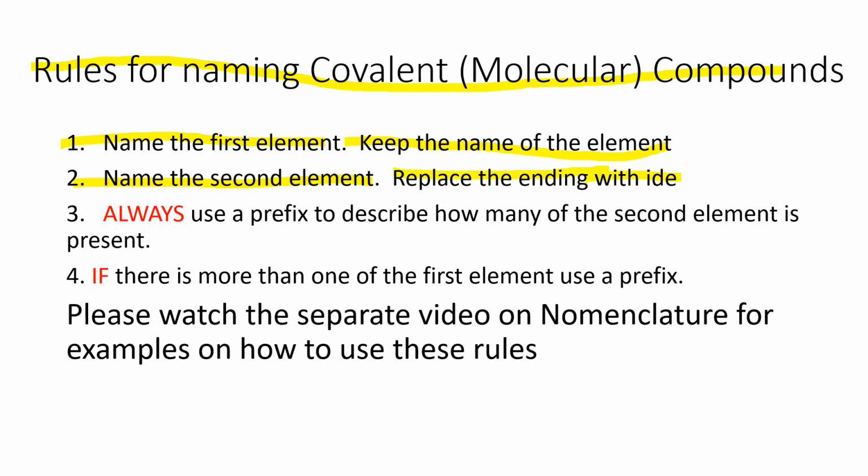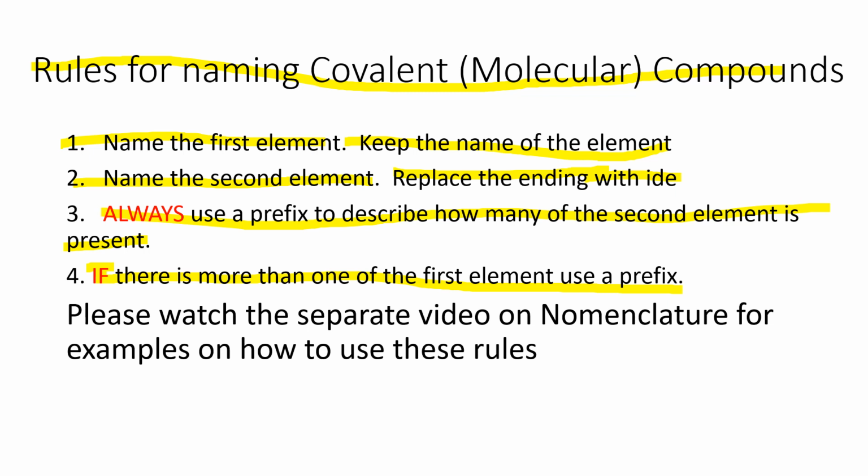Third rule is an always rule: always use a prefix to describe how many of the second element is present. The fourth rule is a sometimes rule. If, and it's a big if, there is more than one of the first element, we end up using a prefix to describe how many there are of that first element.